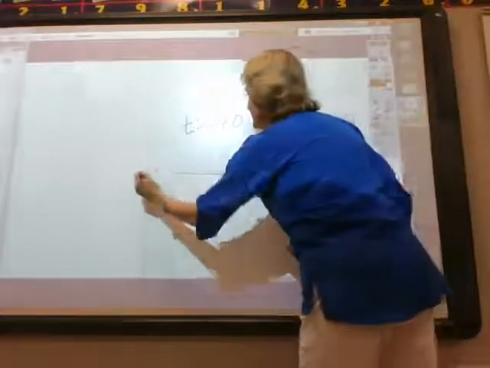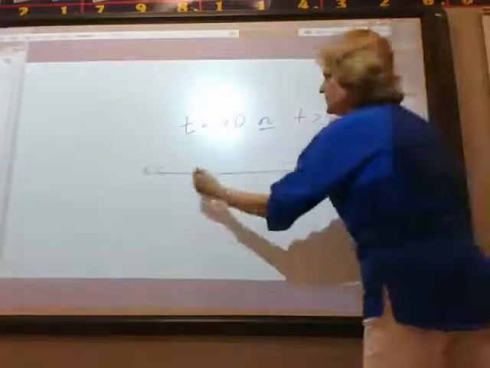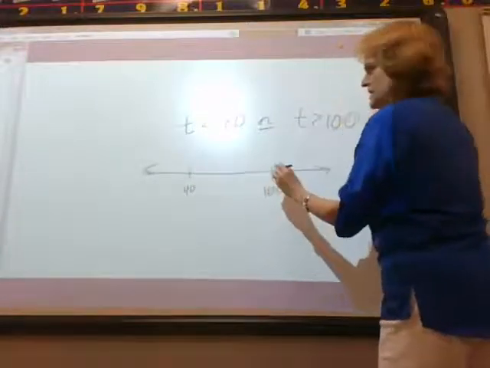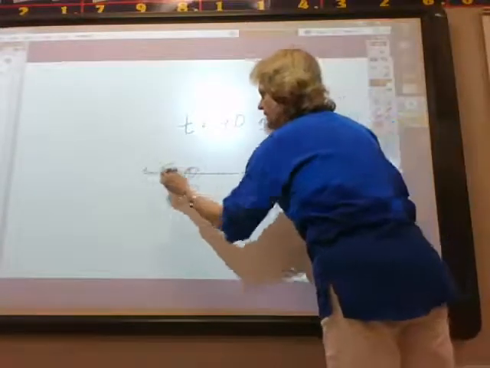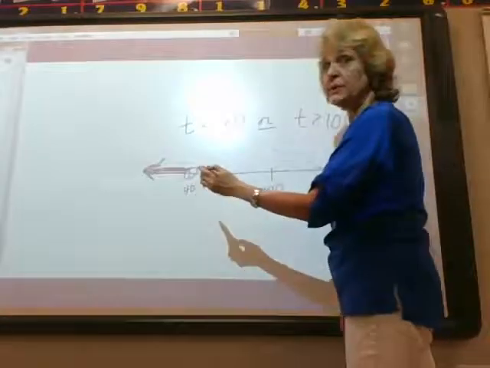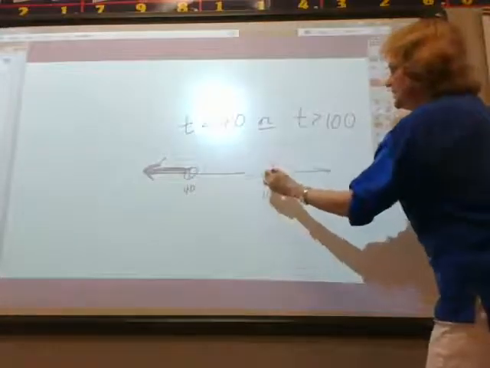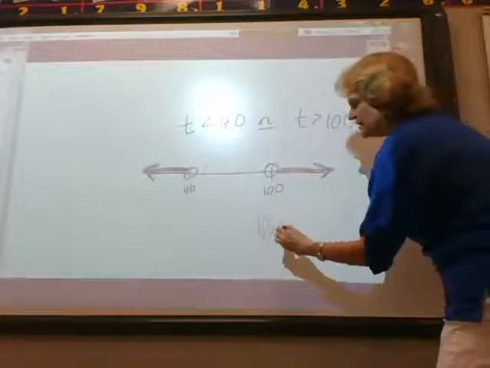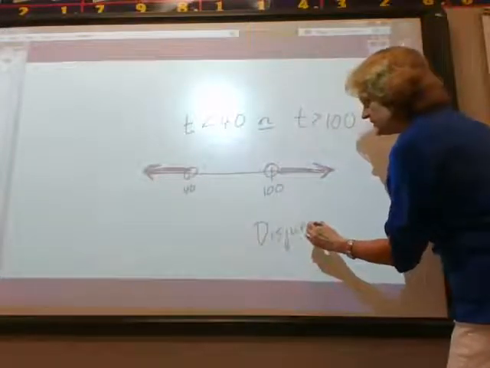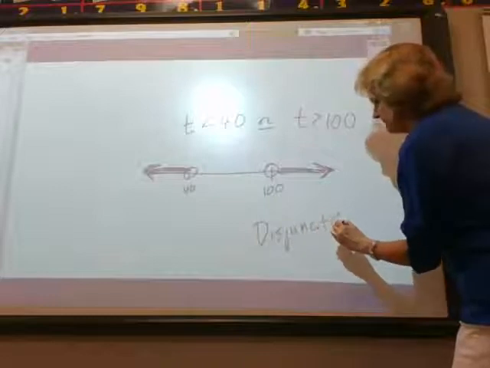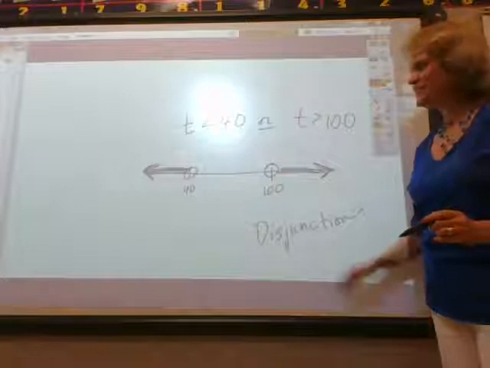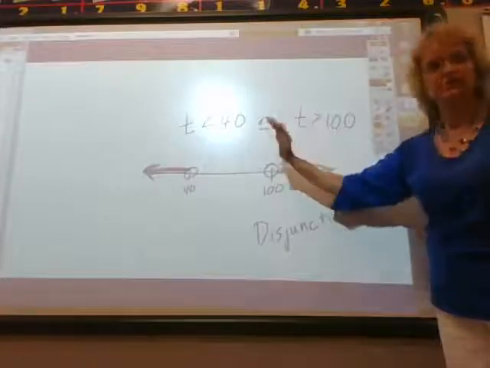So here's 40, here's 100. I want less than 40, so I'm going to go this way. I want 30 and 20 and 10. And 100, but greater. This is what we call a disjunction. Disjunction, not disc. Disjunction. So when you've got your or, you're going away from each other.